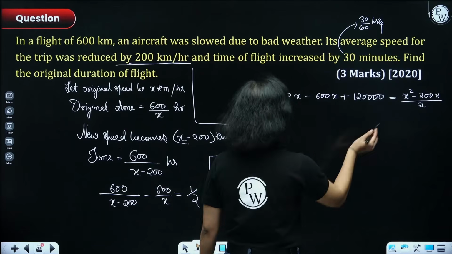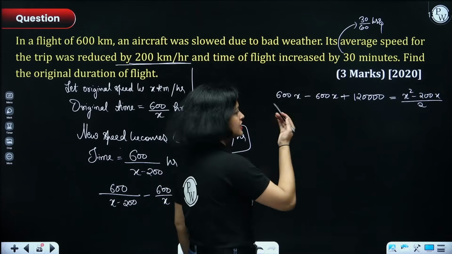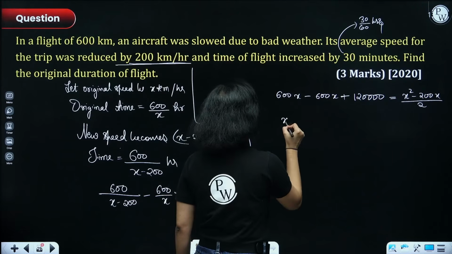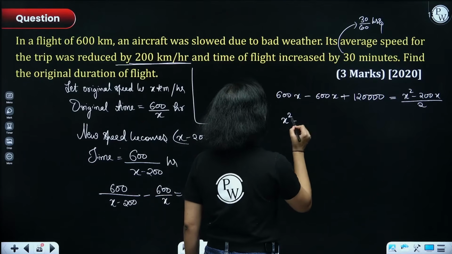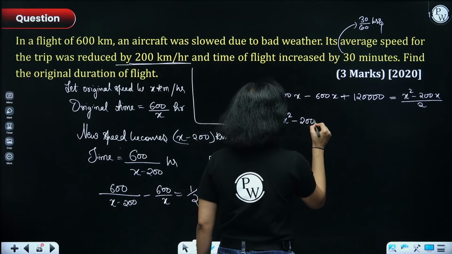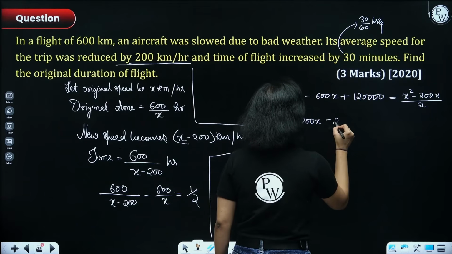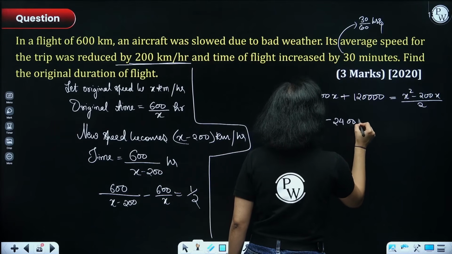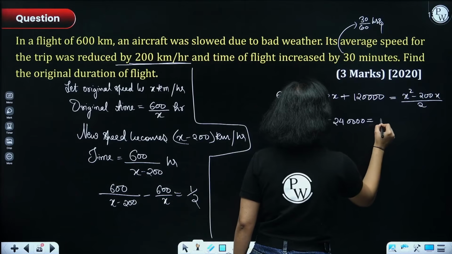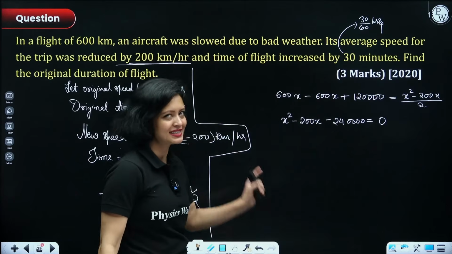Chalo, 600x minus 600x is gone. So finally, you will get an equation like this: x square minus 200x minus 2,40,000 is equals to 0. This is your equation.